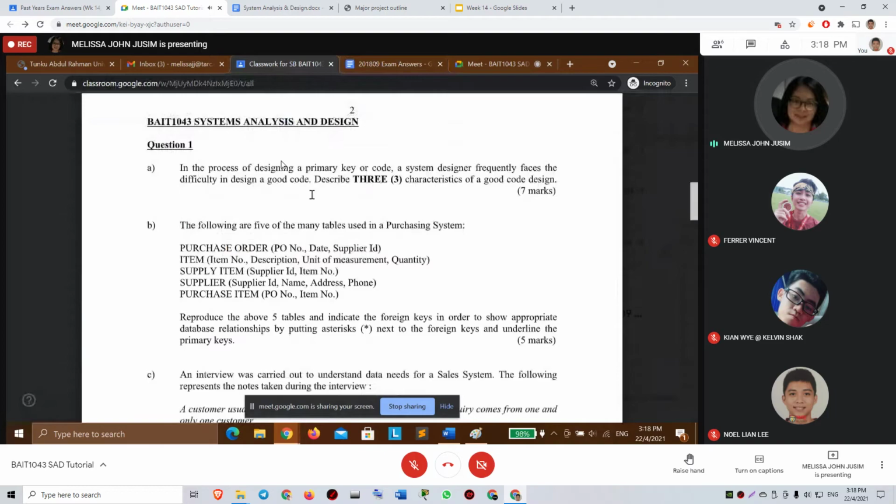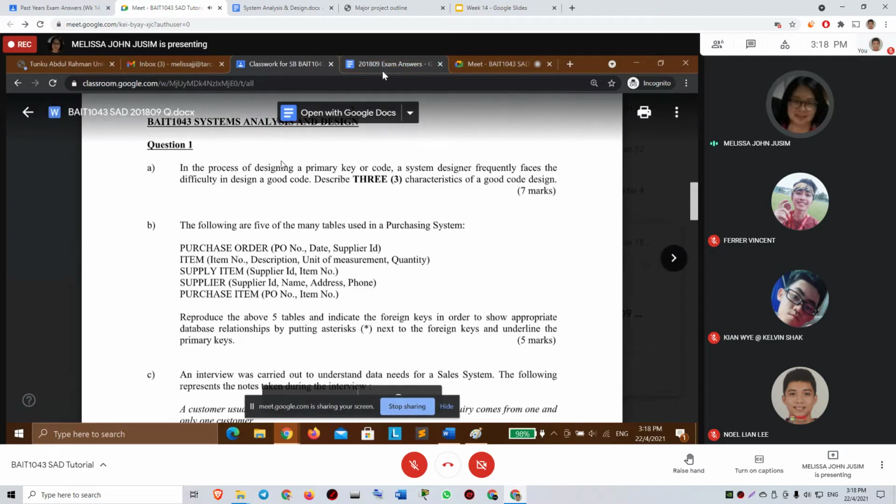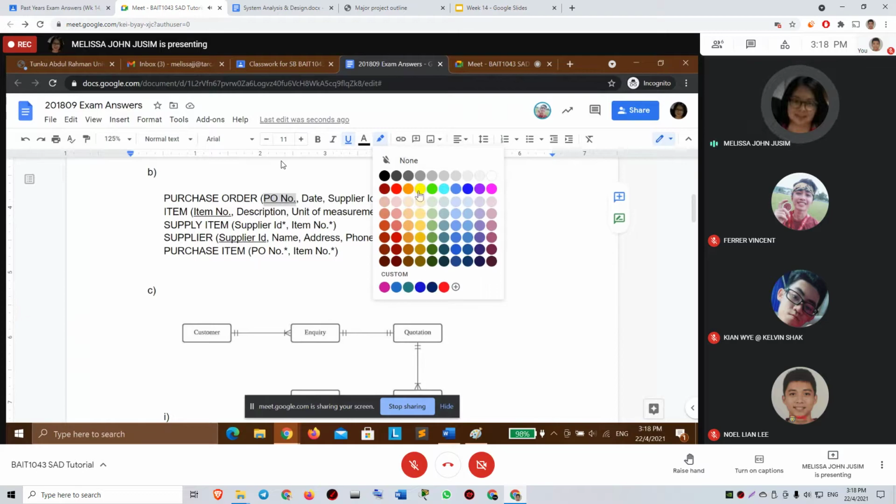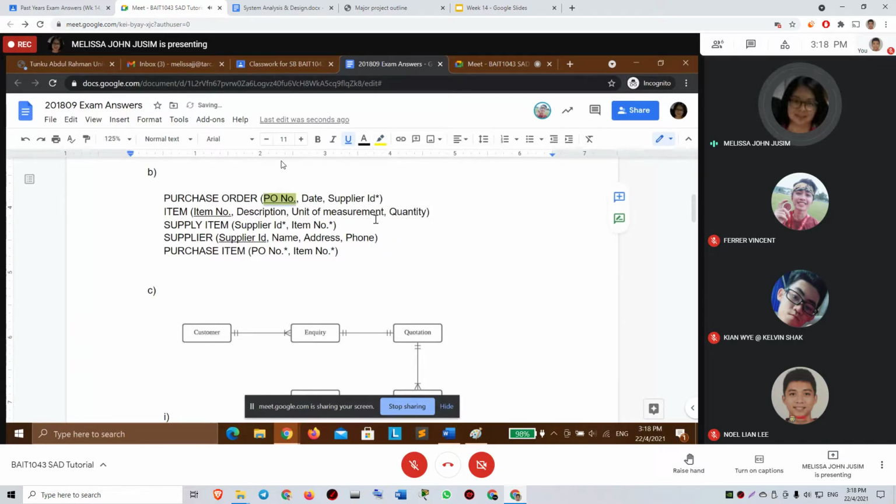These are the 5 tables in purchase. You already have this, so you just need to indicate FK and PK. For purchase order, this is correct, this is a PK.